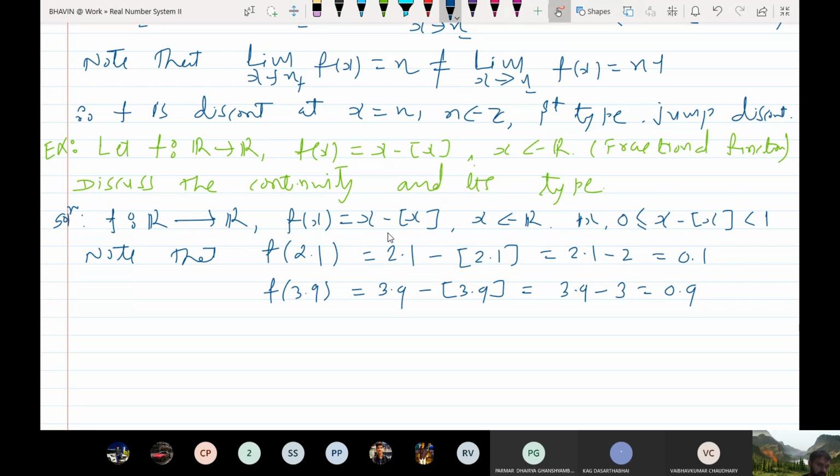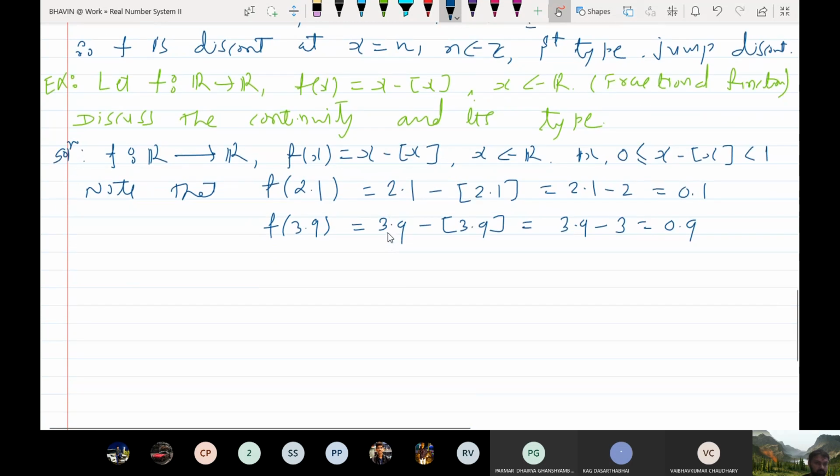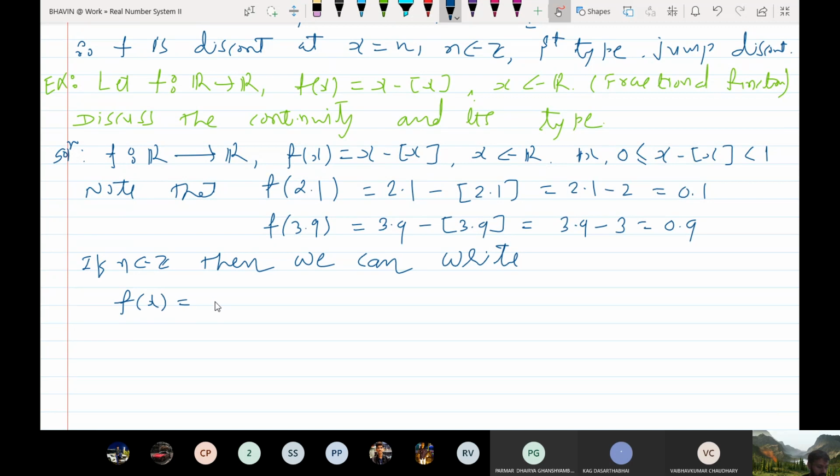So now let me first of all write down the definition of this function. If n belongs to Z, then we can write f(x) as... what is the definition of it?